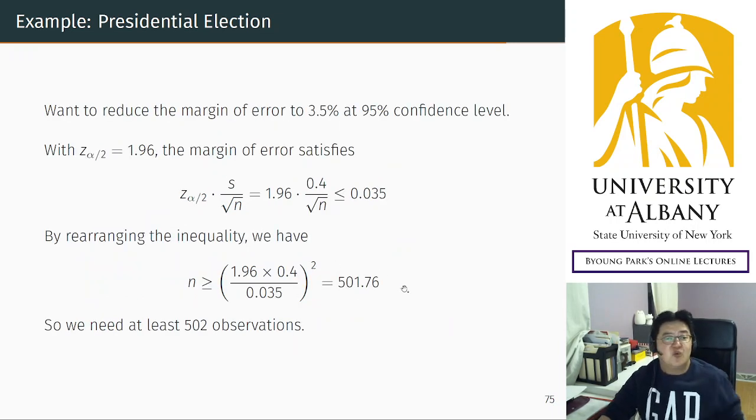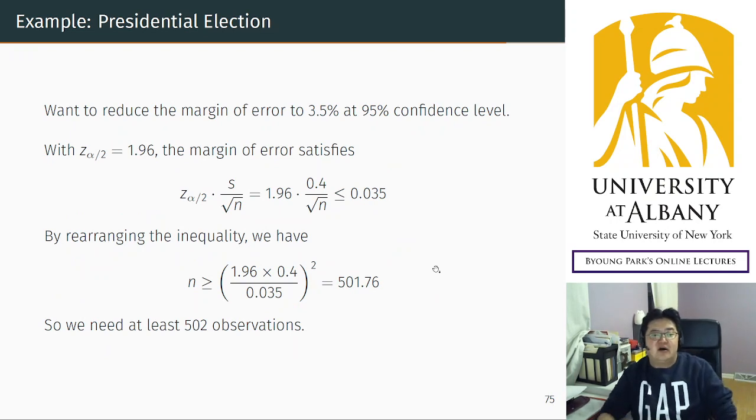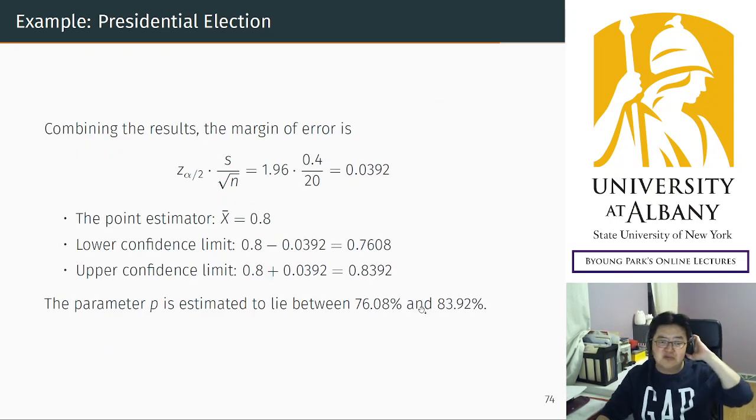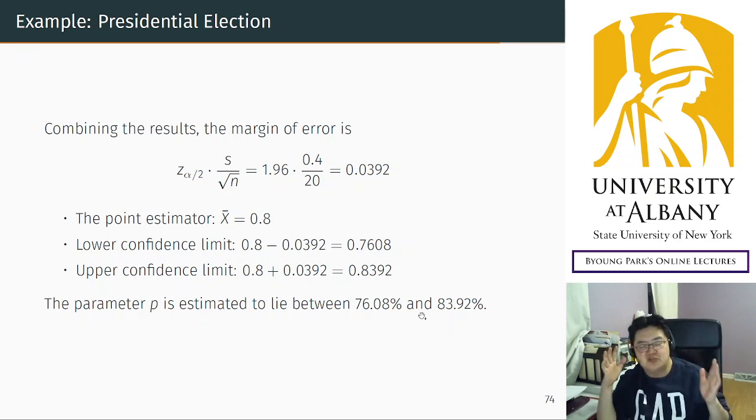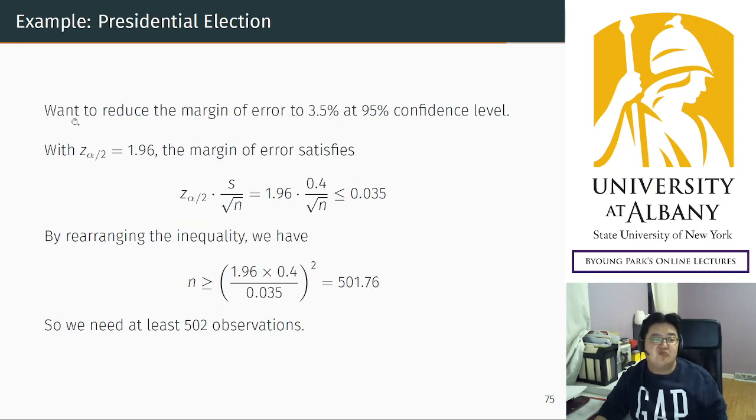And by the way, if you look at these numbers, the marginal error may be too large. The marginal error is currently 3.92 percentage points. 3.92% is the marginal error, but you'd like to reduce the marginal error to 3.5%. So earlier it was too large, so let's reduce it to 3.5.